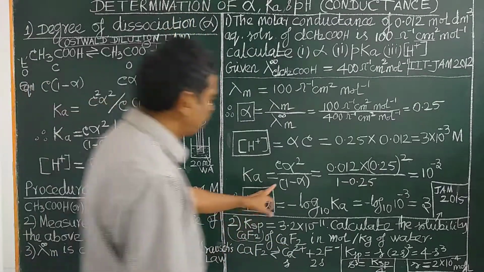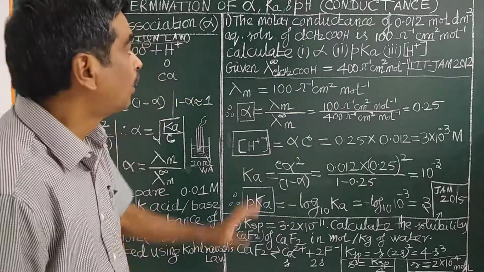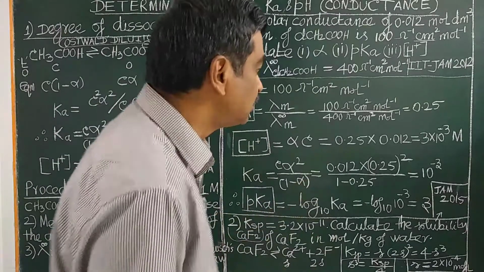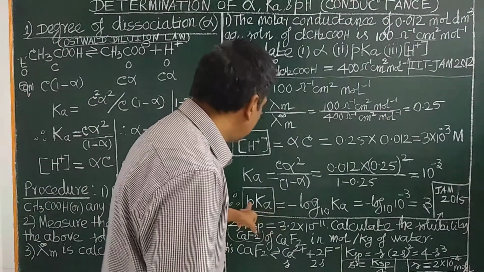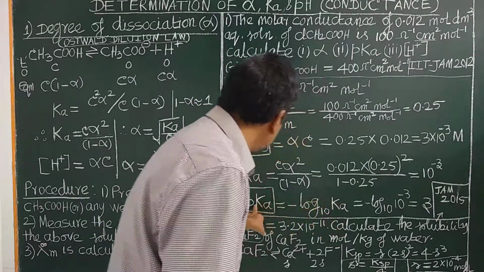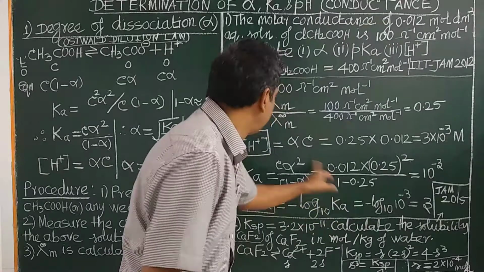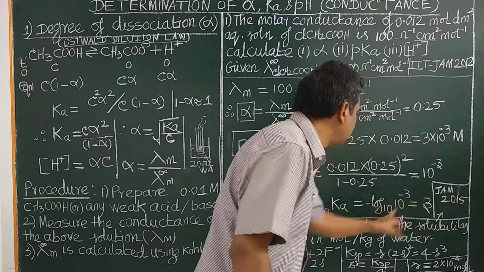If it is negligible, then 1 minus alpha is 1. Remember, alpha is negligible only if it is very small. Then pKa, similar to pH, is the negative logarithm to the base 10 of Ka. We have calculated Ka, therefore minus log of 10 to the minus 3, which is 3.